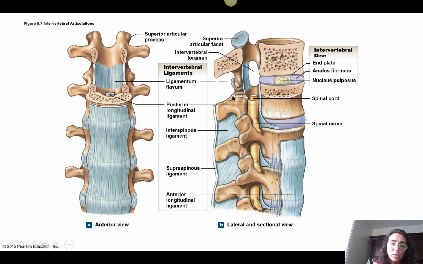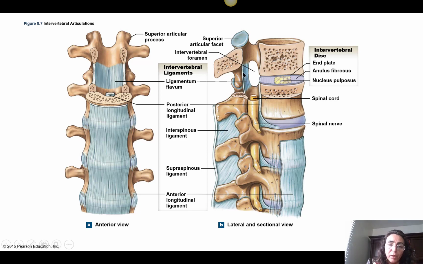Then let's go over the spinous processes. Between the spinous processes here you have interspinous ligament between them, the whole process. And if it is only over the tip of the spinous process, we call it supraspinous ligament. I'm sorry, I said interspinous process, interspinous ligament here, and supraspinous ligament here.